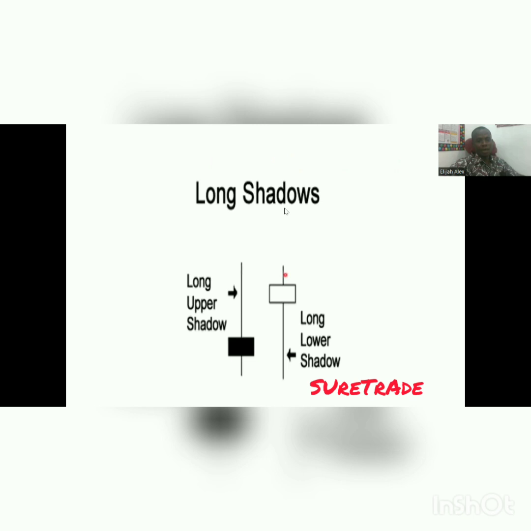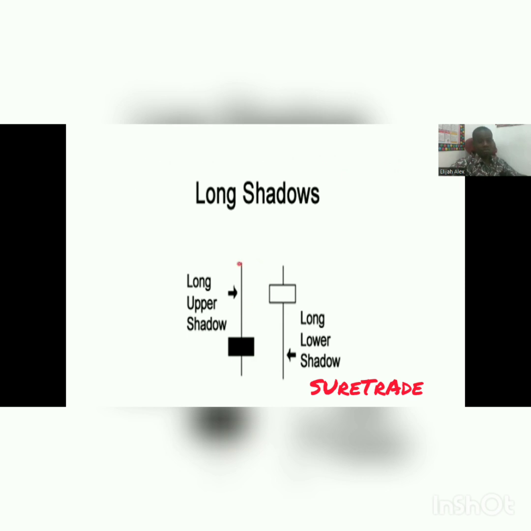Quickly, now, part of the anatomy: you'll be wondering what this long shadow is doing. This long wick here, it's very easy. This is a bearish candlestick. It means that this candlestick opened right here, and for one reason or the other, the bulls came in and drove it up to this point.